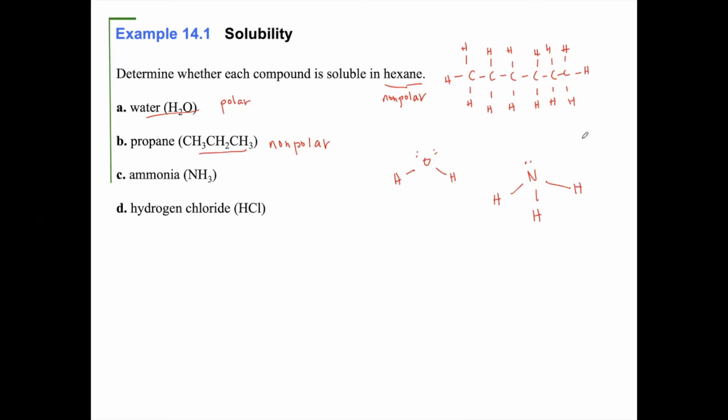Both of them engage in hydrogen bonding. Okay, so both of them are polar molecules. Ammonia is polar. Hydrogen chloride. Okay, this is also a polar molecule, right? Because there's a difference in electronegativity between the two atoms.